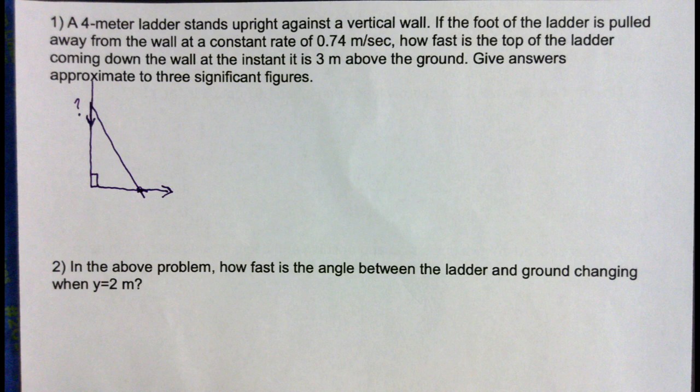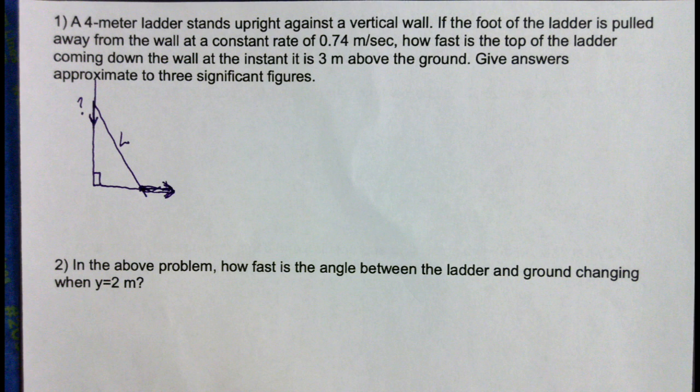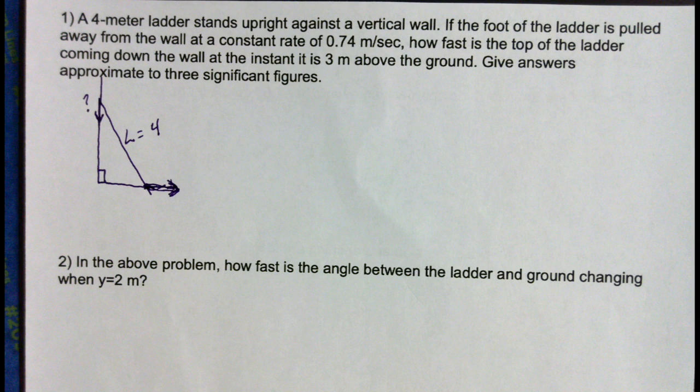So give me an equation based on these measurements. L squared equals B squared plus H squared. L squared equals H squared plus B squared, or whatever he said. But I know that my ladder is 4, and it's not going to change.